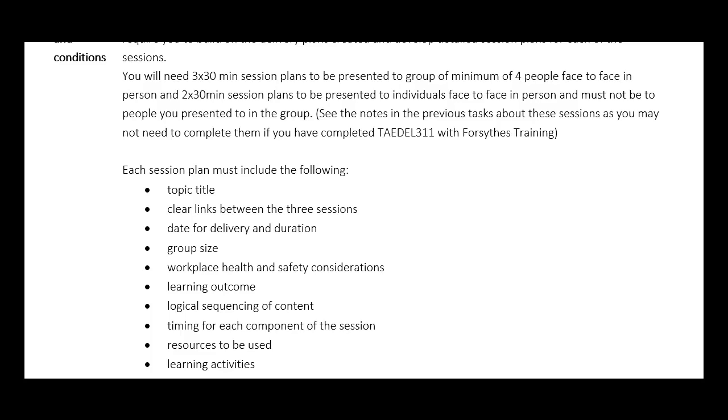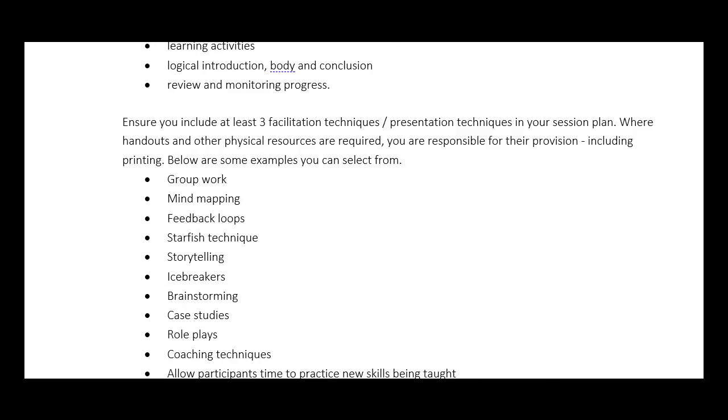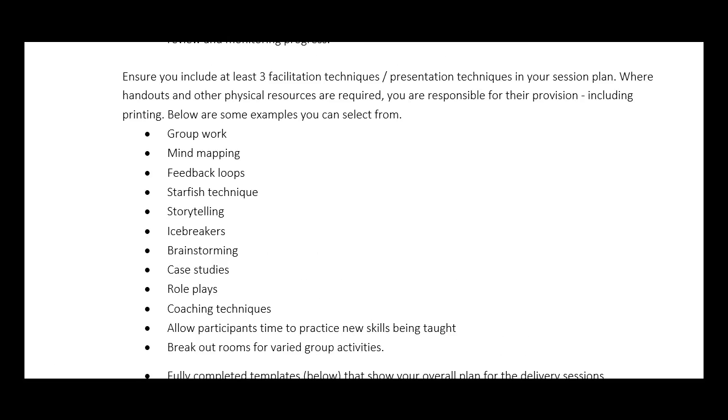All right, so let's go through and have a look at the session plan. You'll notice that we also encourage you to consider using some facilitation techniques, so that you're encouraged to show interaction. This shouldn't be a dry, boring, stand in front of a group and tell them a whole bunch of information in 30 minutes.